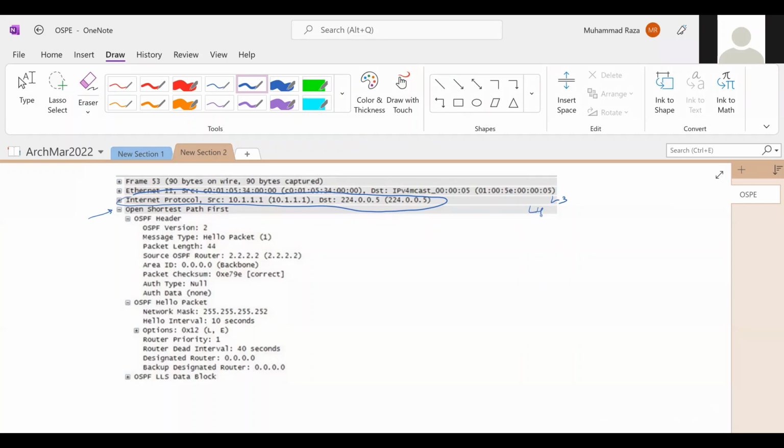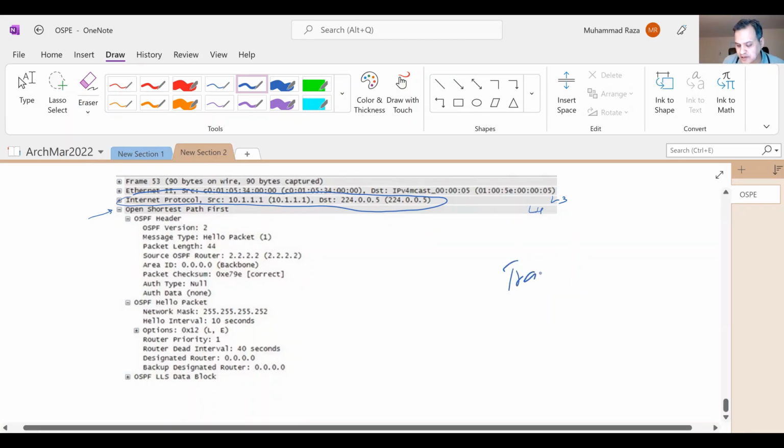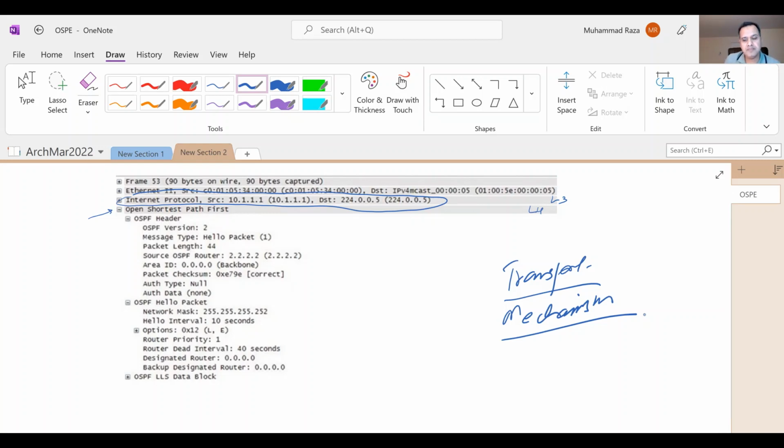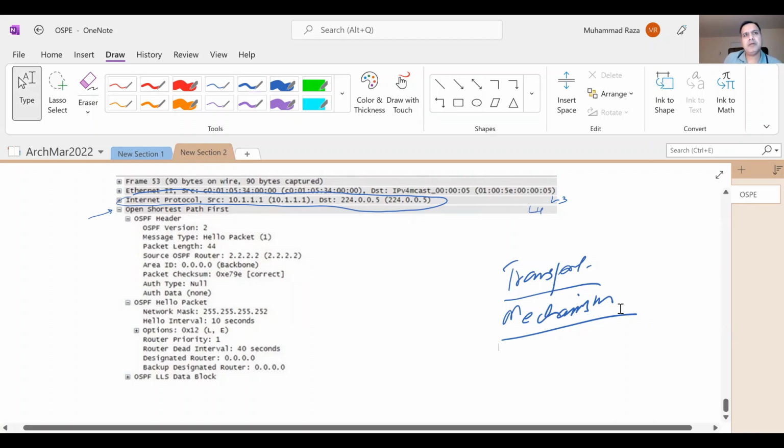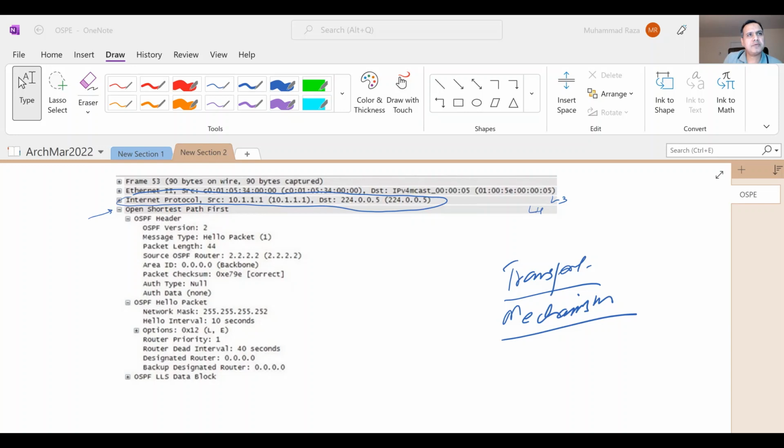Why is it running on L4? Because it is providing a transport mechanism, right? Which is the role of L4. If, for example, I don't have an example, I have a short one for RIP.